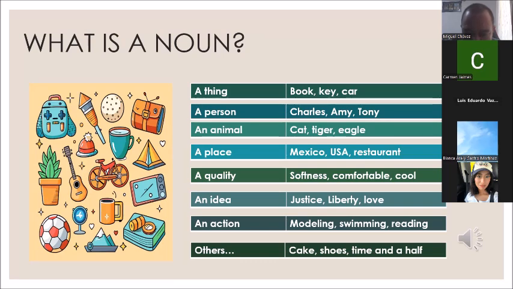It is usually a single word, but not always. Cake, shoes, and time and a half are all nouns.